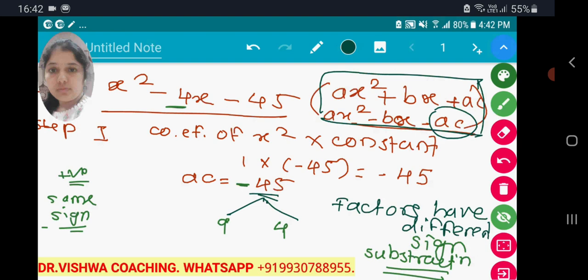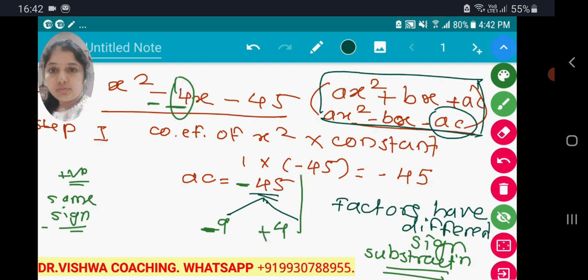Now whose sign is plus and whose sign is minus, how can we decide it? Now see, check the sign of the coefficient of b, and it is minus, or negative. So the bigger factor has a negative sign and the smaller factor has a positive sign.